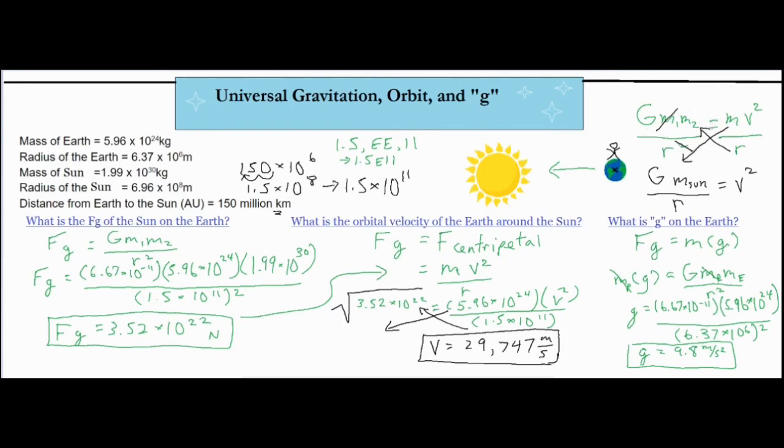Depending on your situation, you plug in your known values and do a little bit of algebra from there. When you're finding a little g value, it's going to look something like this, where mg equals G m m over r squared, where the mass of the actual object sitting on the planet or the moon drops out. Then you basically have G m over r squared and work it out from there to get your g value.